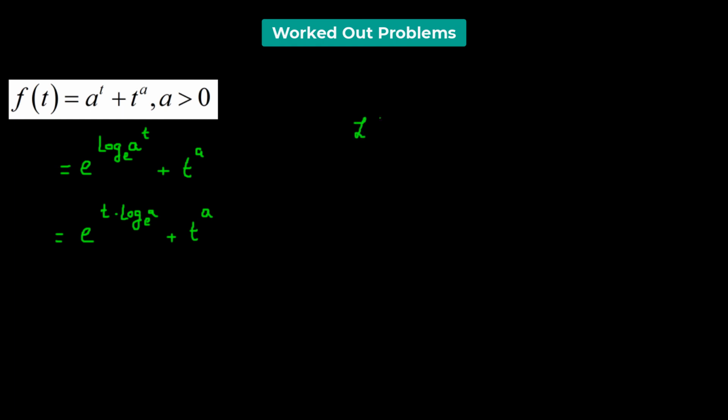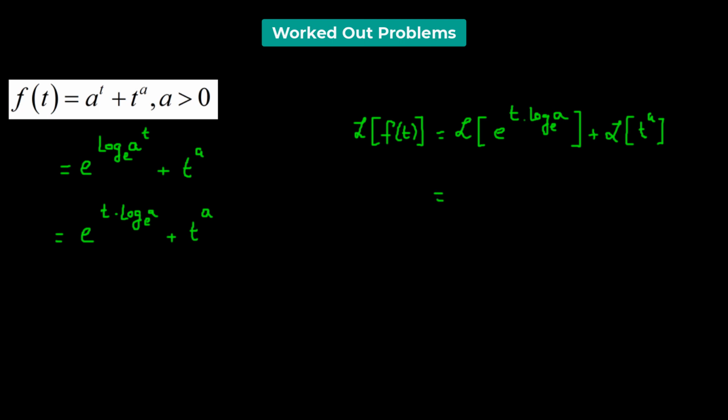So we have the Laplace transform of f of t. So that will be equal to the Laplace transform of e raised to the power of t times log of a to the base e, plus the Laplace transform of t raised to the power of a.